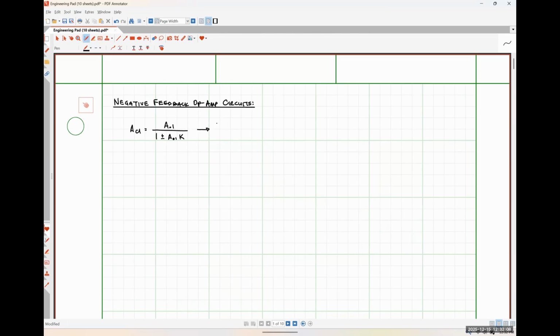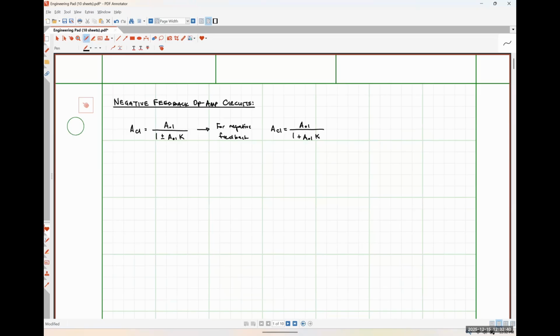So I'm just going to write here for negative feedback, this relationship is going to look like this. So we've got our closed loop gain will be equal to our open loop gain over 1 plus AOL times our feedback factor, okay?